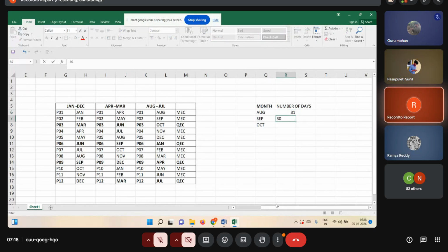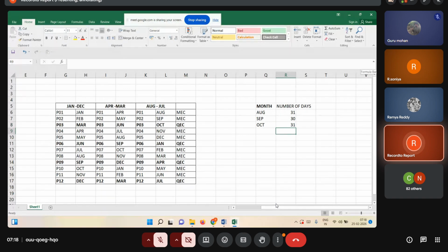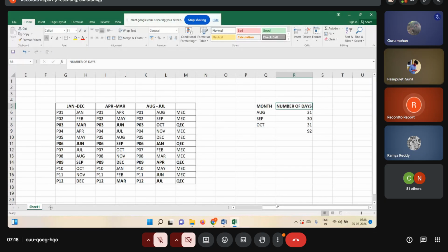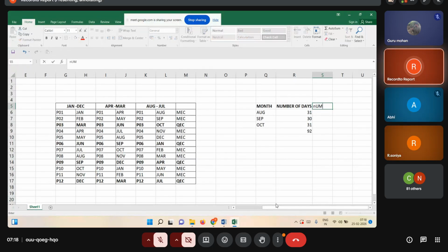September, how many days? 30. October, how many days? 31. That is 92 days for the 3 months.